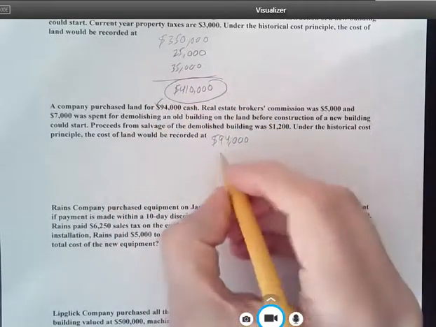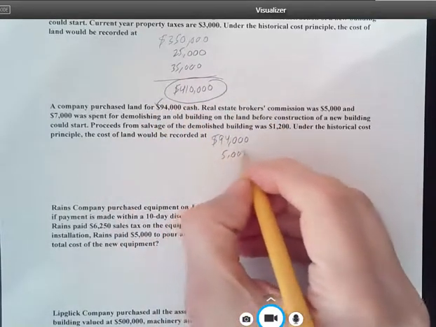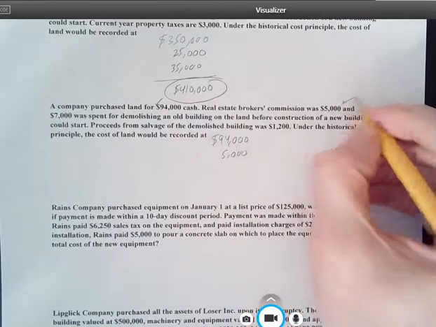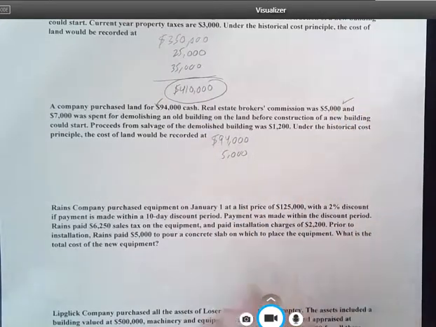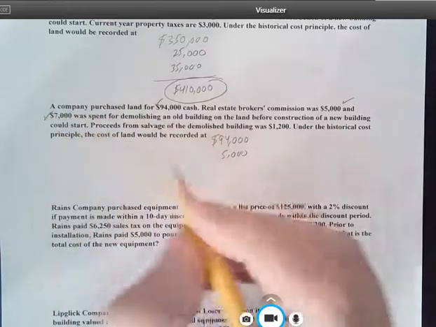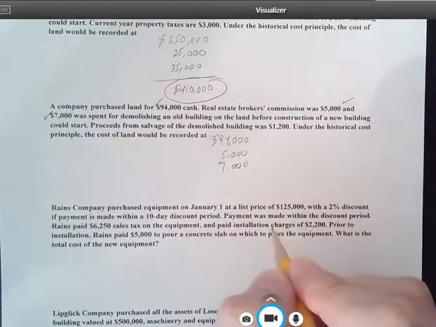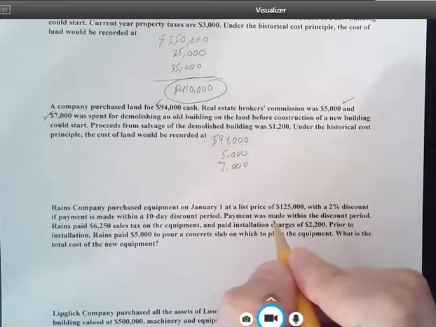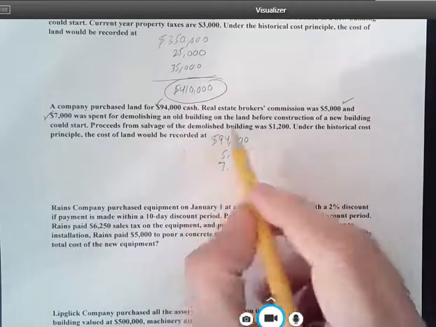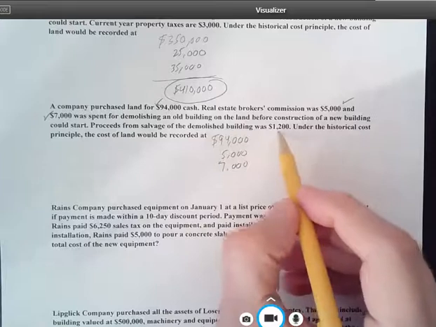We included the real estate commission last time, so we're going to include that again. And the cost of razing the building was $7,000. We're going to include that again. Now, we don't have current property taxes, but we do have proceeds from the building of $1,200.